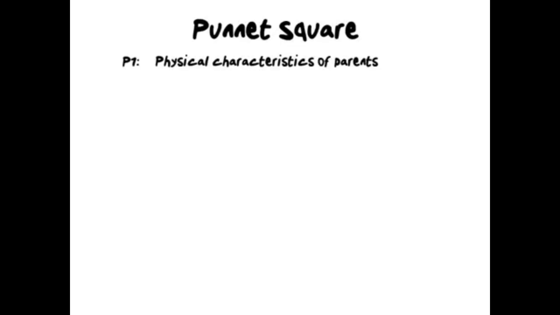So let's stay with black and white as an example. If I had a pure black mouse, it would be two capital B's, and a pure white mouse, I would use two small letter b's. Somewhere in the paragraph, they would have either told you that white is recessive and black is dominant, or they would tell you what the children are and you can work backwards.